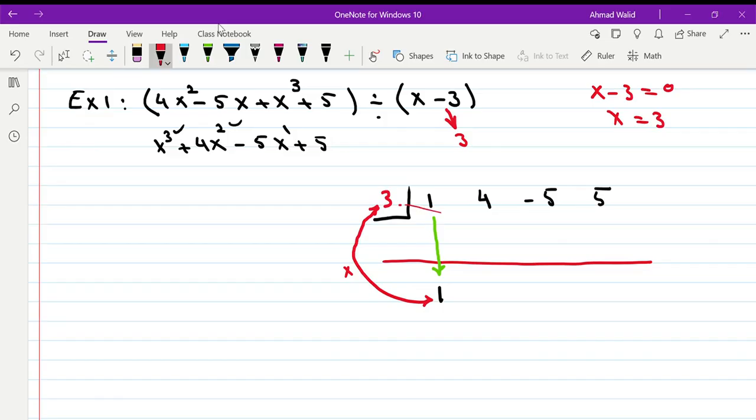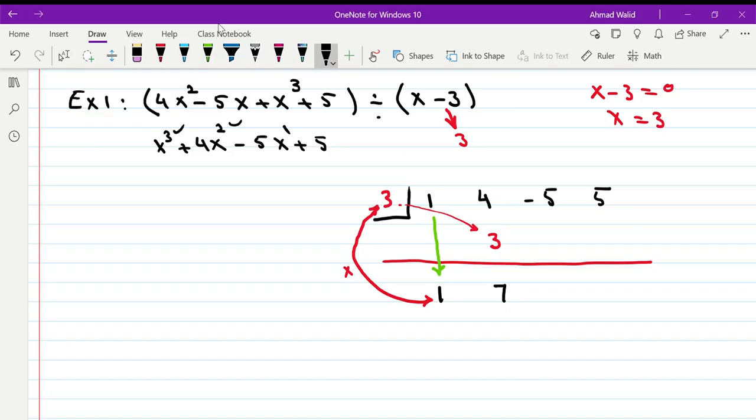Write your answer under the next column, under the 4, but above the line. Now add whatever these two numbers give you. 4 plus 3, both of them positive, gives me 7. Write your answer here under the line.